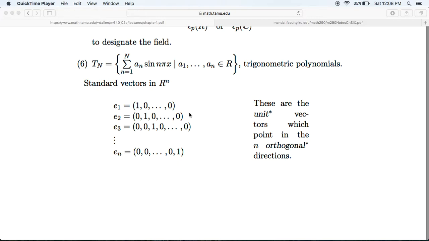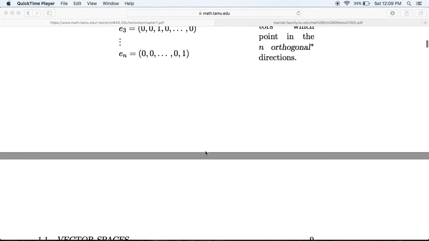These, as we will define later, are standard basis vectors. We will see what bases are for a vector space in a little while.